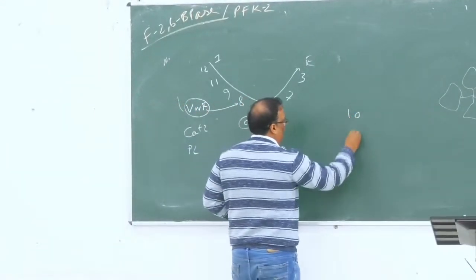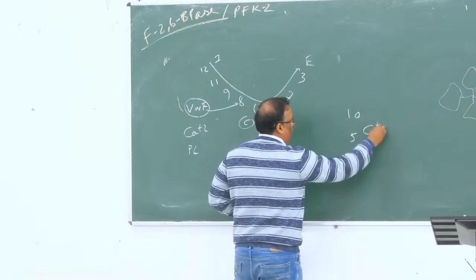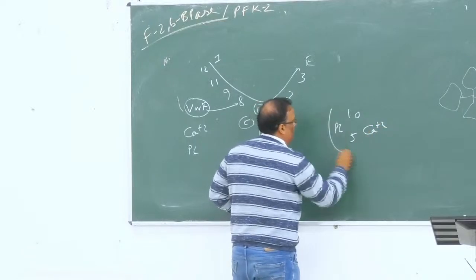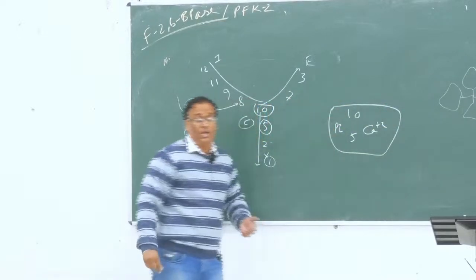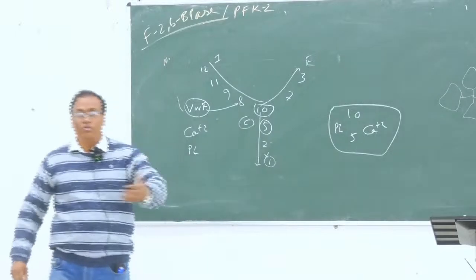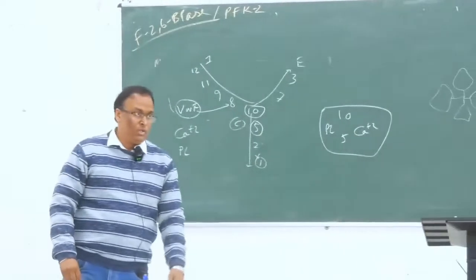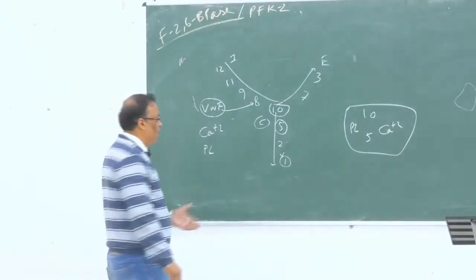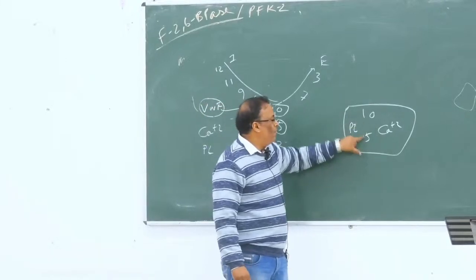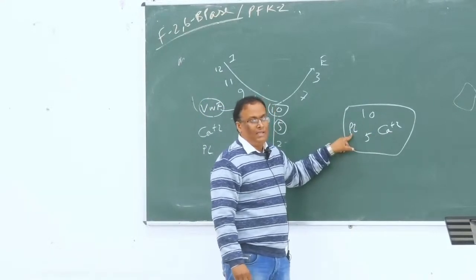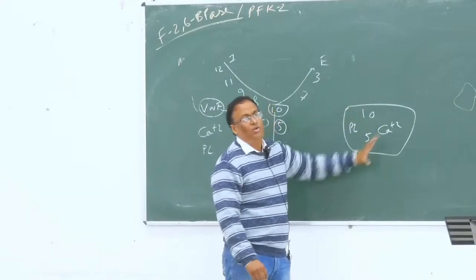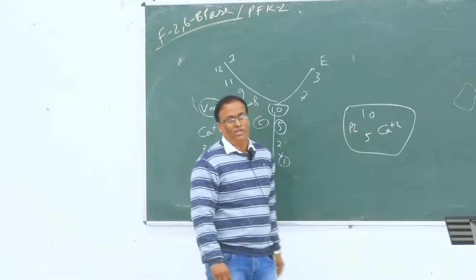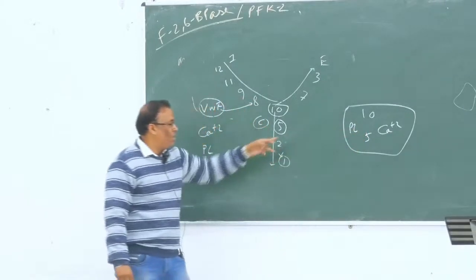Numbers are 10 and 5, and the words are calcium and phospholipid. This is the complex which is essential for prothrombin to convert into thrombin. Remember like that. This is the controller of each and every cascade of the ultimate fate, due to this complex.